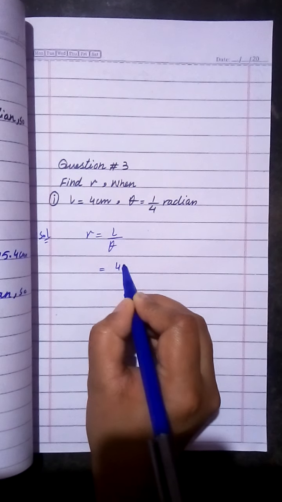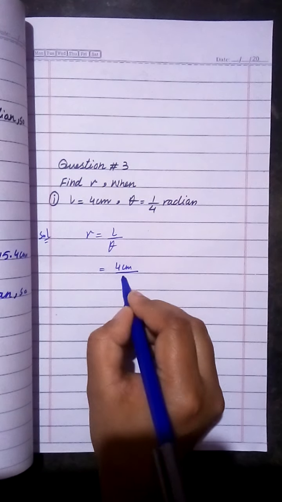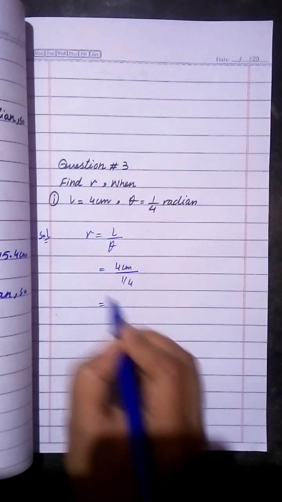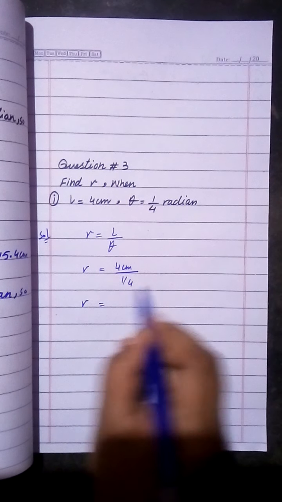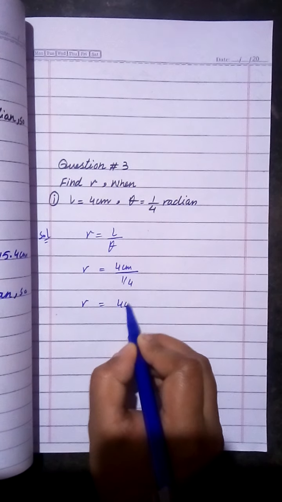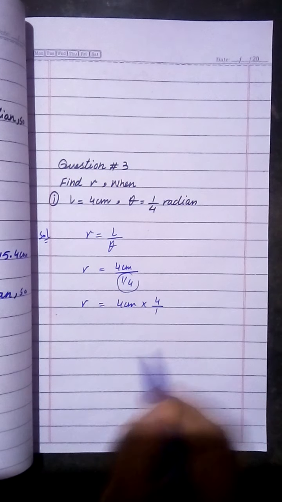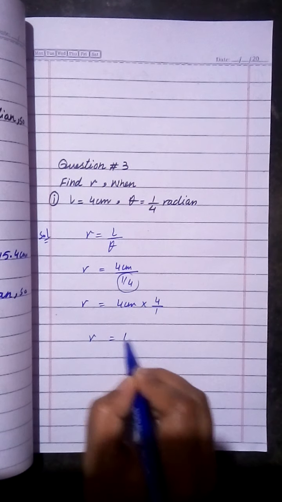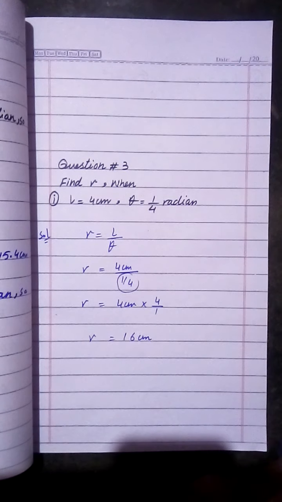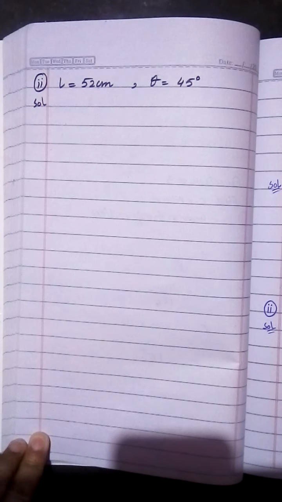Length here is 4 centimeter and theta here is 1 by 4. So fraction having fraction, you have to shift above, then 1 by 4 becomes 4 by 1. So radius equals 16 centimeter. That is the answer. Now let's see the second part of question number 3.